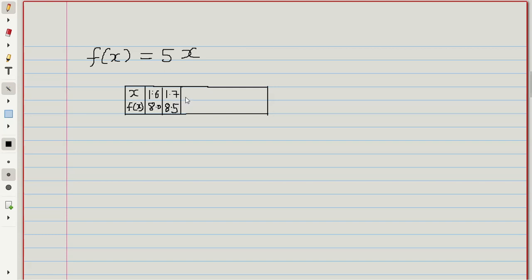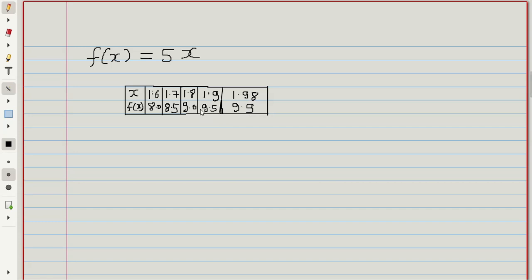Now again if I take 1.8, f(x) would be 9.0. If I take 1.9, the value of f(x) would be 9.5. And if I take 1.98, the value would be 9.9.